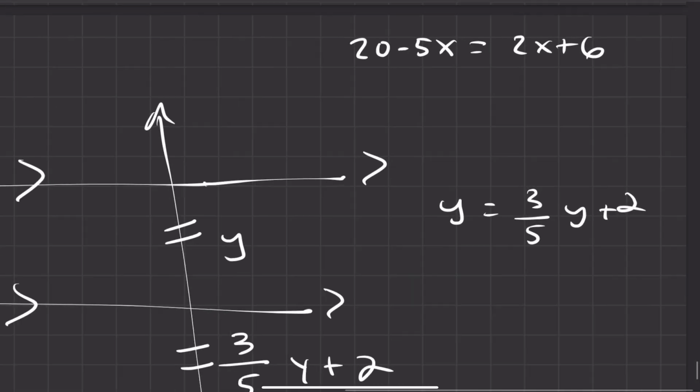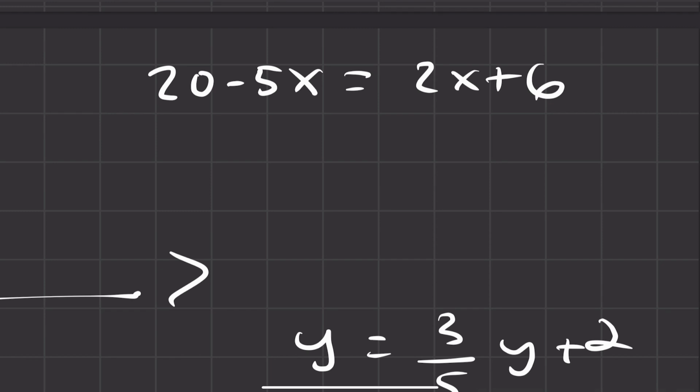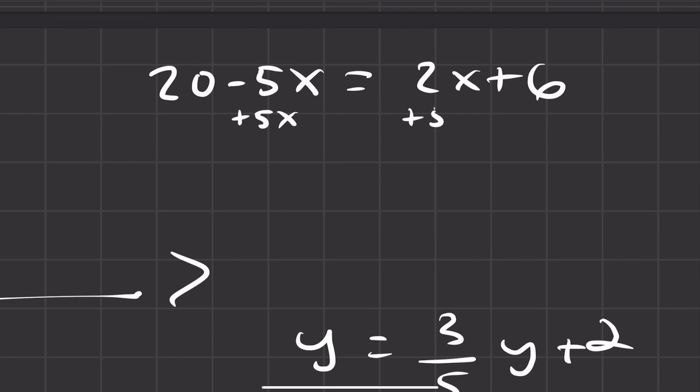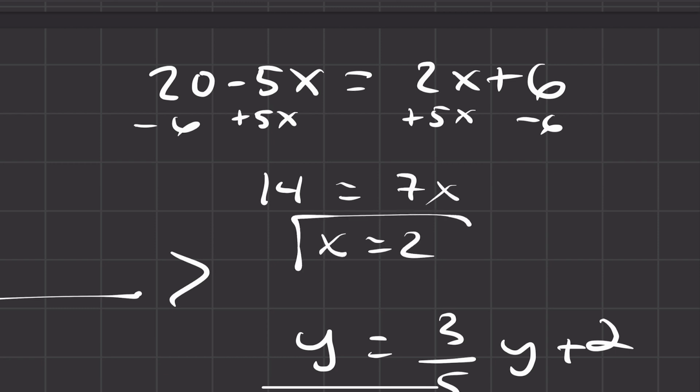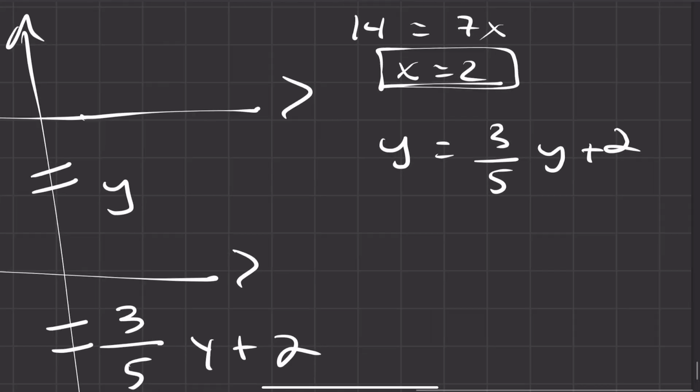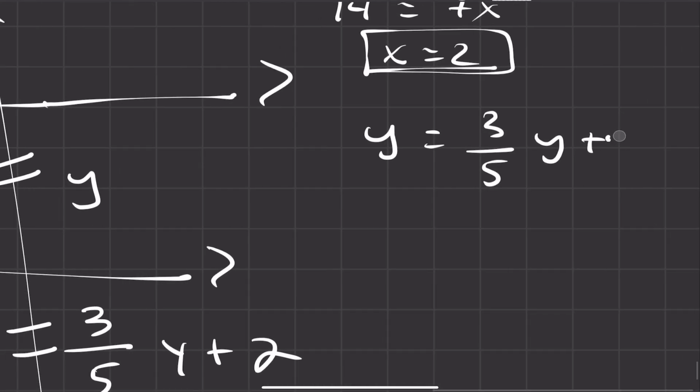and then I'm going to go ahead and solve for this one. You get 14 equals 7x, x is equal to 2. Okay? And then over here, this one's weird because it has a fraction, and I want to eliminate that fraction. So I'm going to multiply, again, like before, I see this 5 here, I'm going to multiply everything by 5.